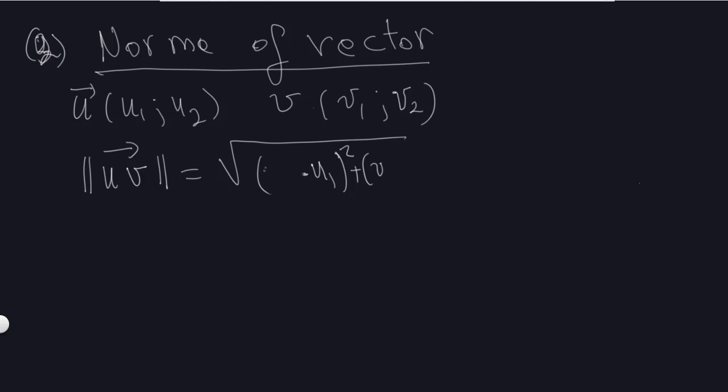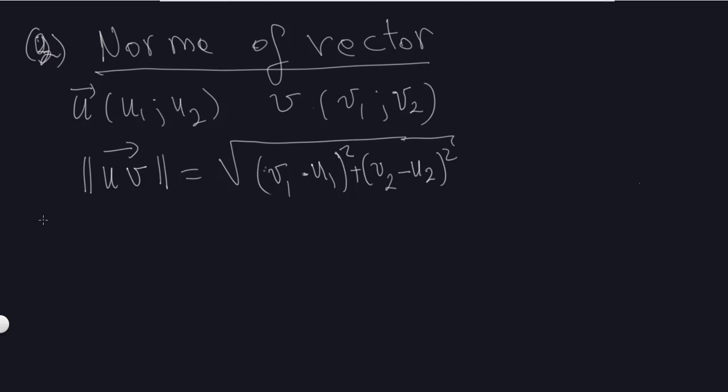Let me do this: v1 minus u1 and v2 minus u2, all squared. Okay?